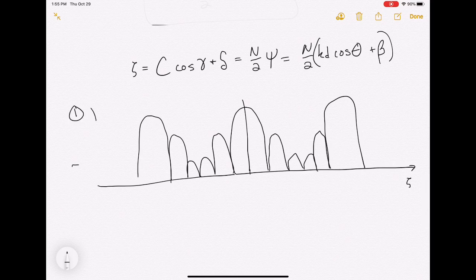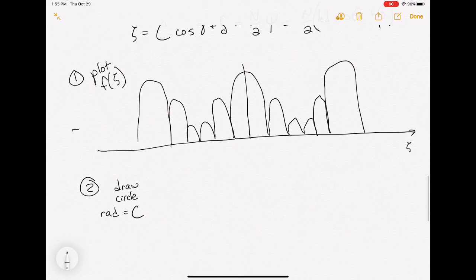So step 1 was plot f of zeta. Step 2 is draw the circle. The circle should have radius c, and it should have its origin at zeta equals delta.